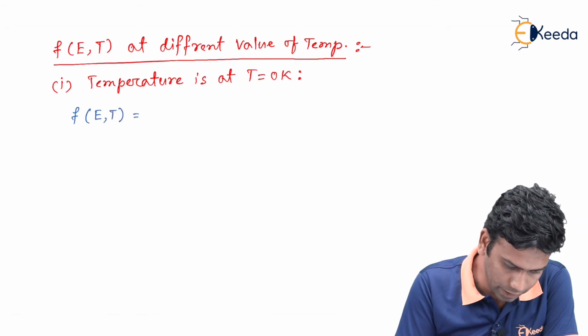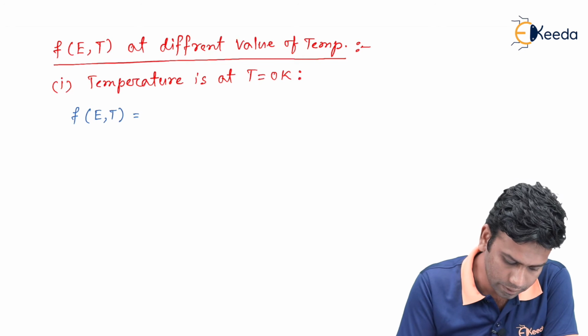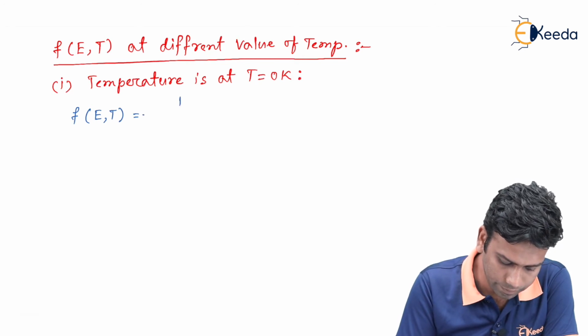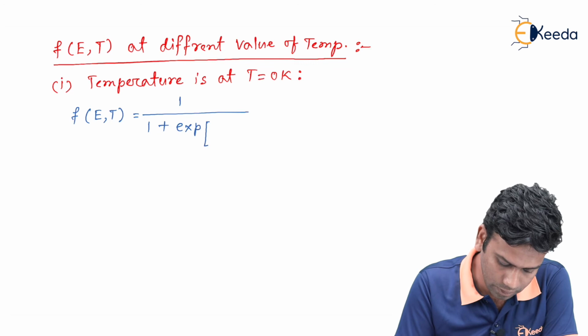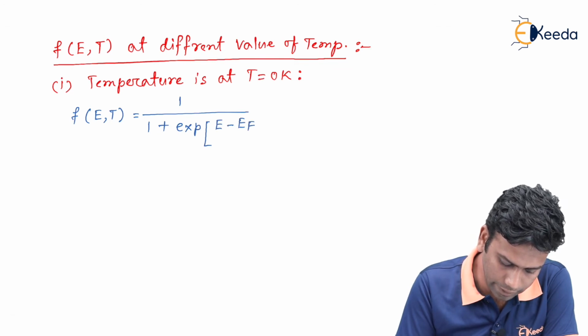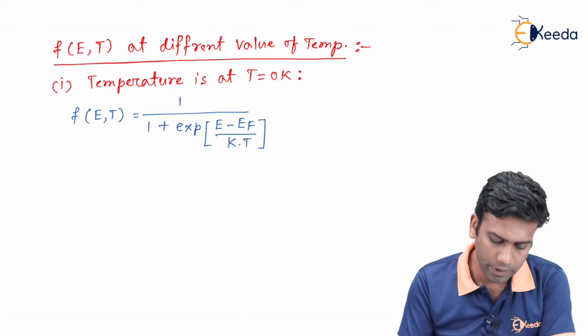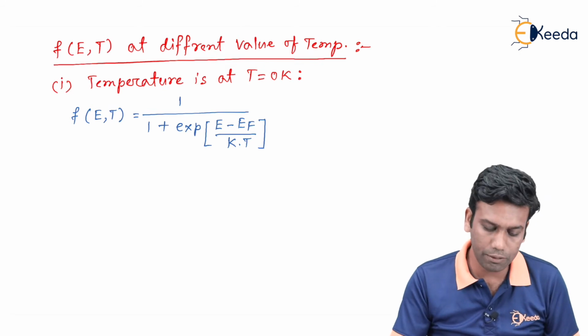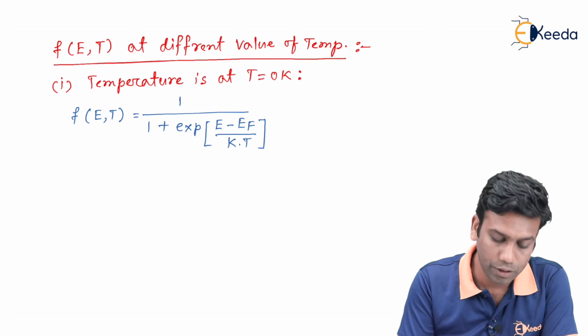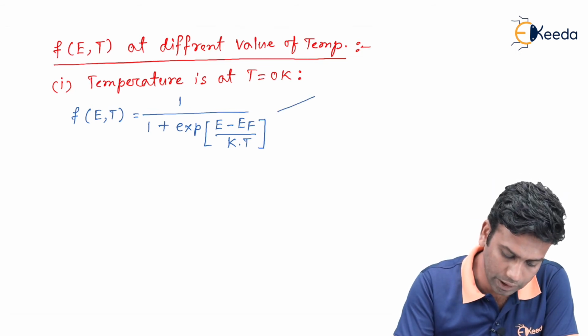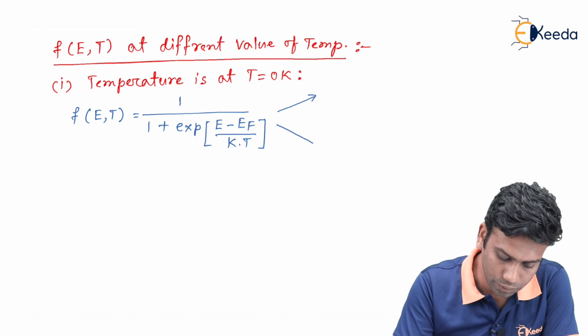Fe(T) can be written as 1 by 1 plus exponential (E minus EF) by K into T. Now, if we look at this equation, we can see that there can be two conditions from this equation at temperature T equals to 0 K.